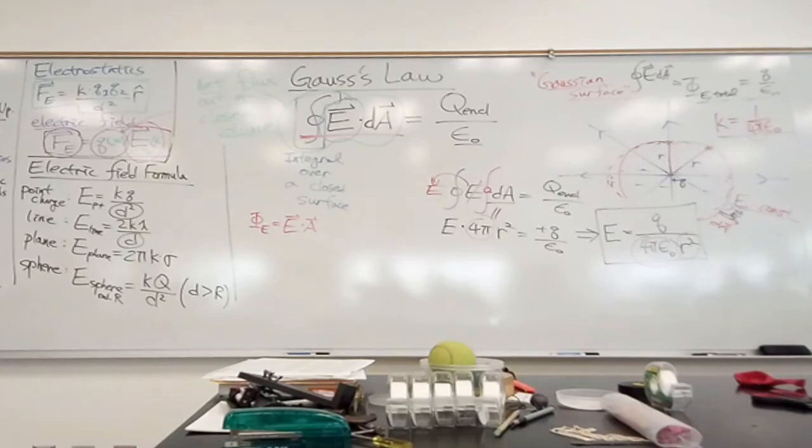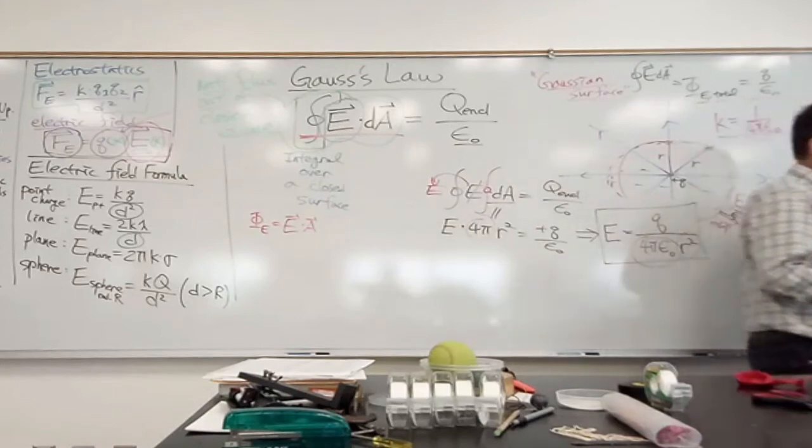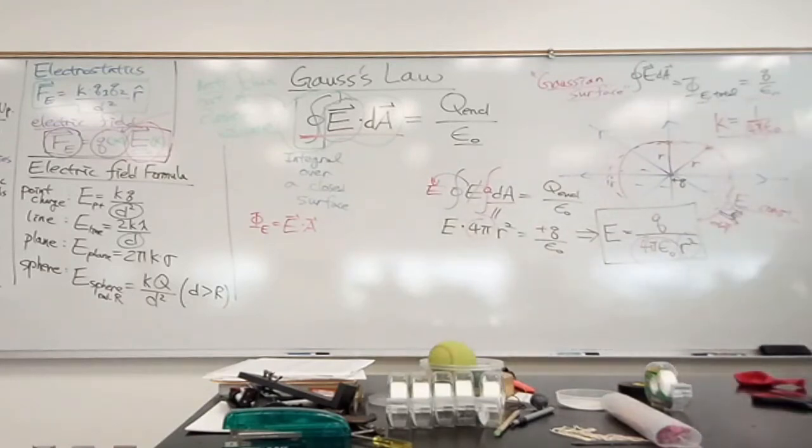When people were defining these units, the choice was made to have 4 pi here so that you would not need 4 pi anywhere here. So the SI system of units made a choice to make Gauss's law look as simple as possible. And doing that meant your Coulomb's law would have this weird factor of 4 pi in there, but that's fine because Gauss's law is the fundamental law. That's what we want to look simple, not Coulomb's law.